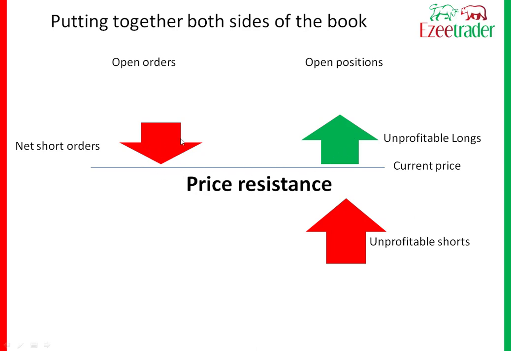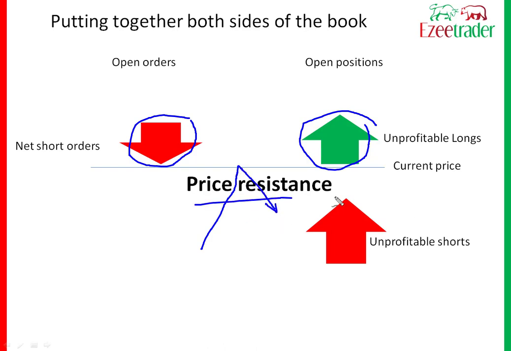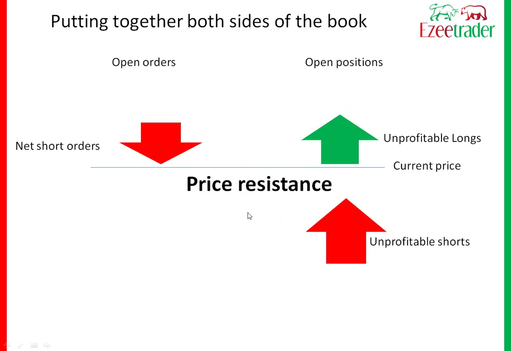The shorts, effectively, those short orders attract anyone who wants to sell, but not necessarily, and it just effectively gives us resistance. You're running into resistance of the price. So the net short orders, which is a normal thing above price, with large unprofitable longs above price, could see price just coming there and bouncing back off. So that gives us price resistance.